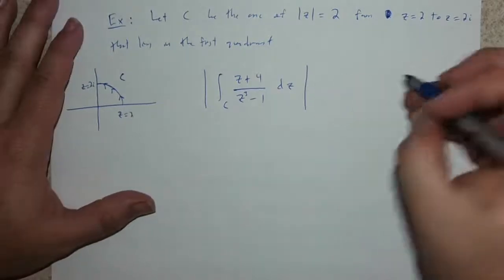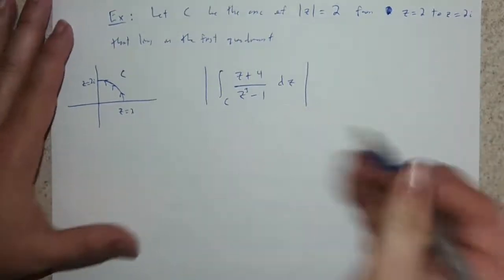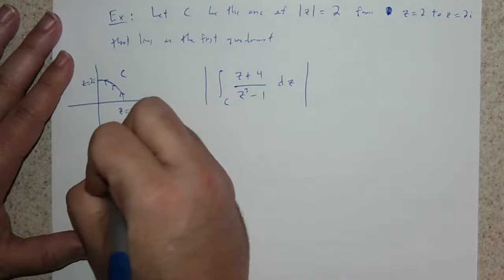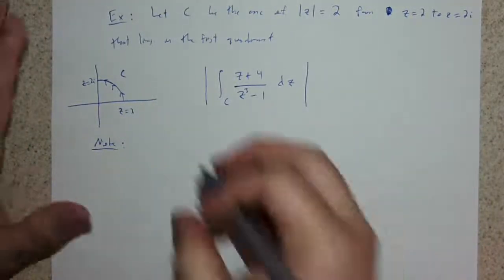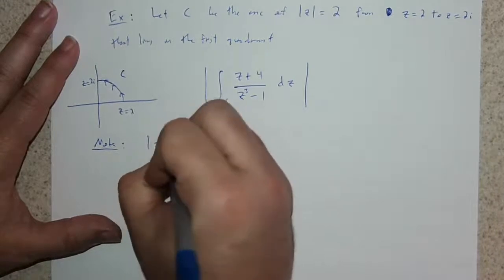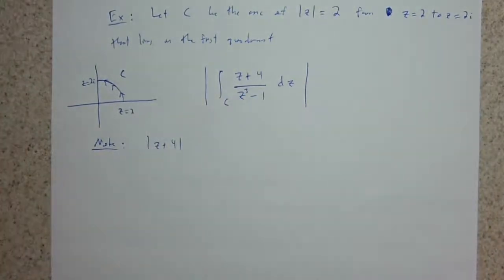Well, first I note that if I look at the modulus of z plus 4, here comes the kung fu portion of the class, where, if you recall, early on your first homeworks asked you about some inequalities involving complex numbers like this.